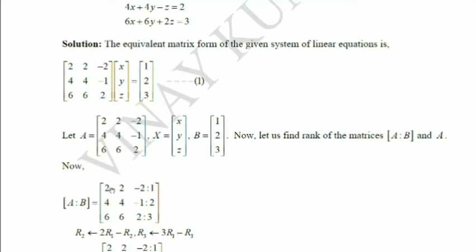So 2 into 2, 4. 4 minus 4 becomes 0. Similarly, the R3 value is 6. I have to use row 1 only to make this 0. So I'll multiply by 3; 3 twos are 6, and 6 minus 6 becomes 0. So row 3 is changing by 3R1 minus R3.